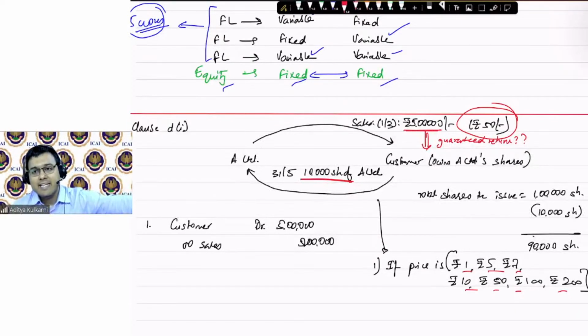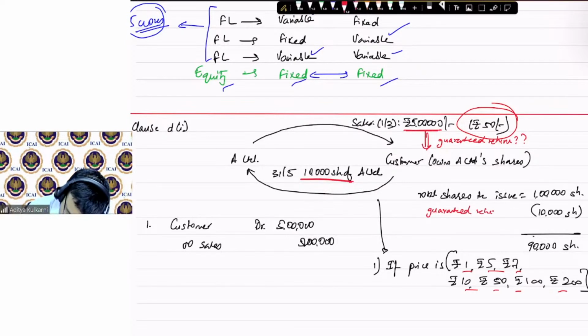Equity में guarantee नहीं चलता है. Equity gets its share after all liabilities are deducted from assets. But in this case, these 10,000 shares are having a liability of 5 lakhs. And therefore, can I say that for these 10,000 shares, there is a guaranteed return?